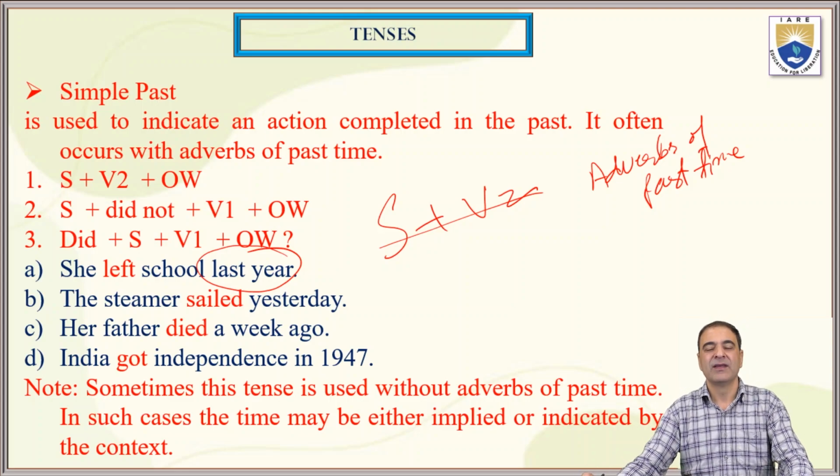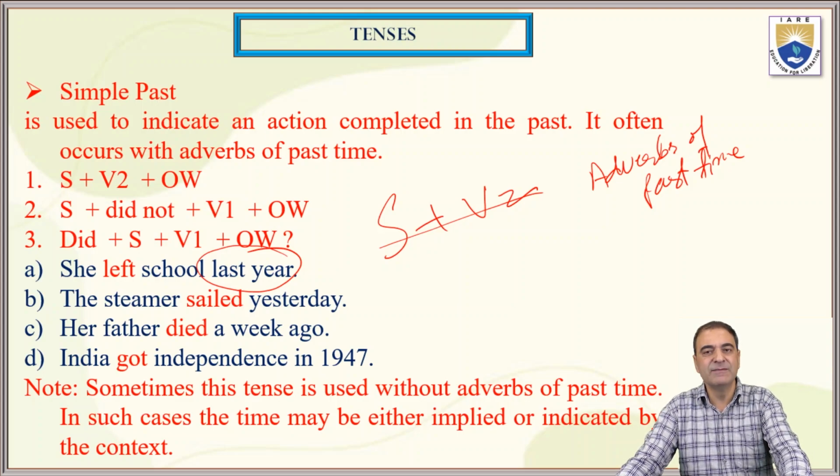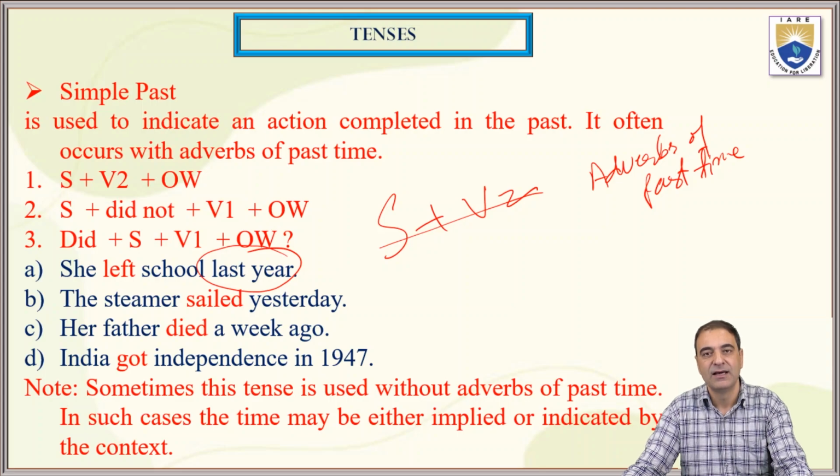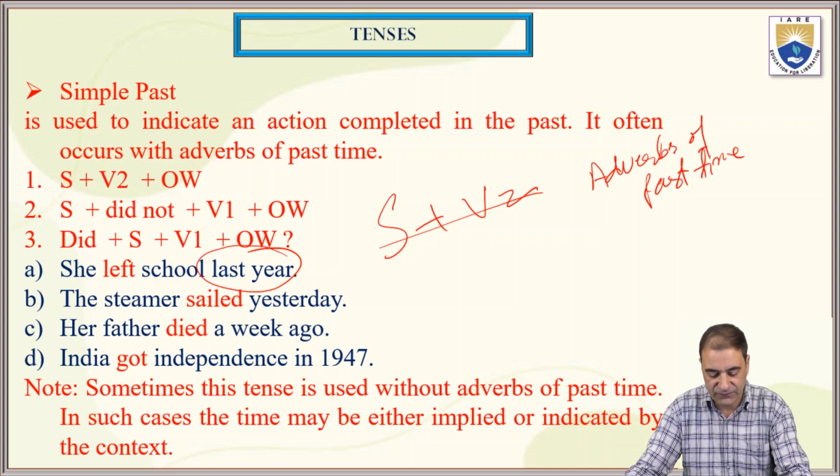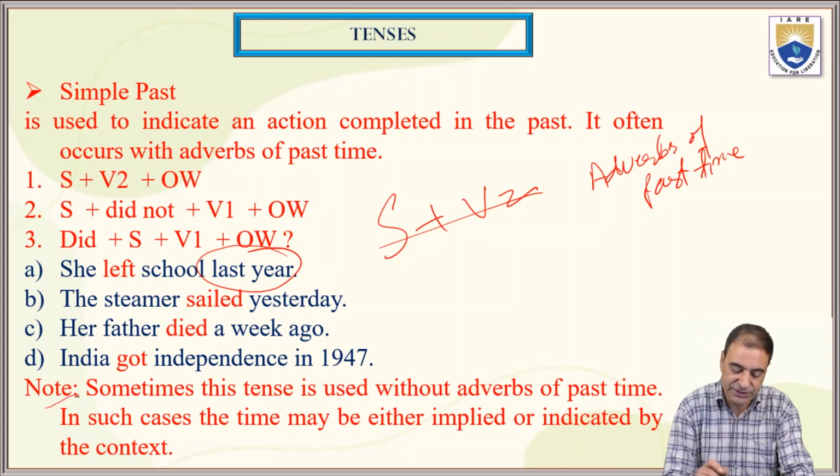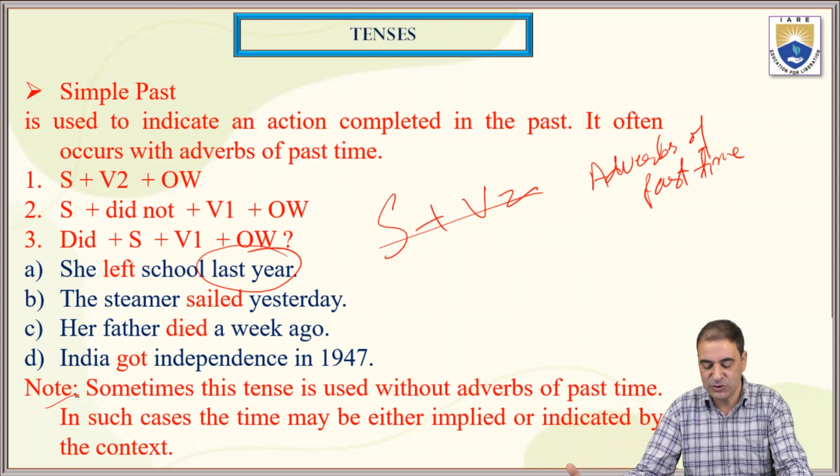And one more thing, sometimes these adverbs of past time are not given. Still we use simple past tense. In such conditions, we just try to understand the context. For example, that's why I put a note here. Sometimes this tense is used without adverbs of past time.